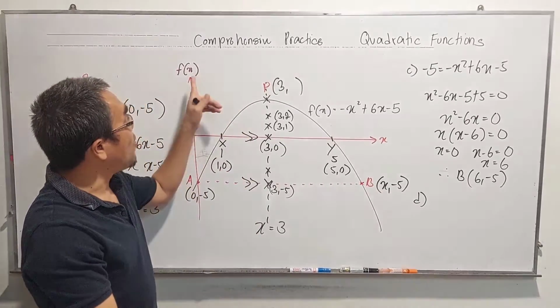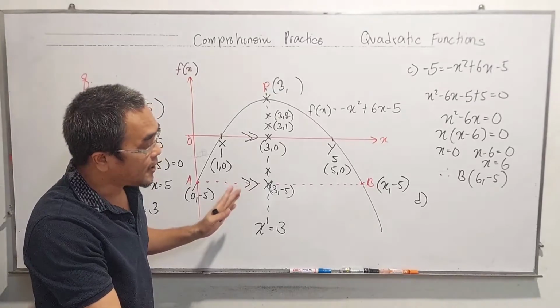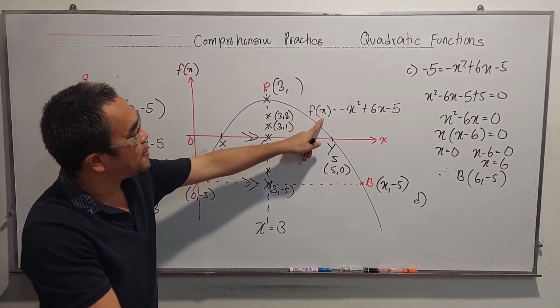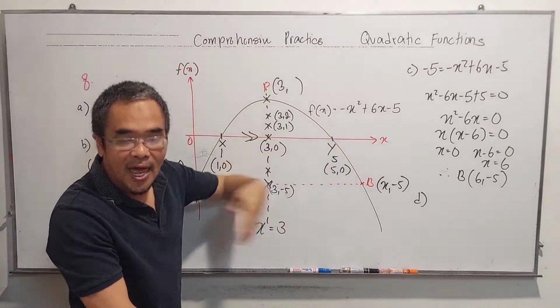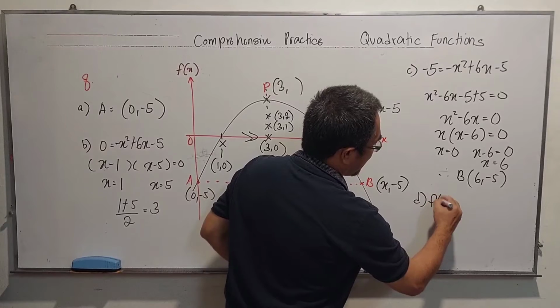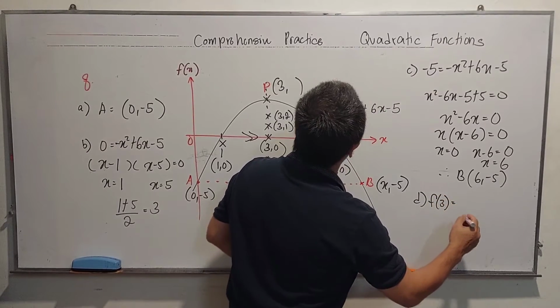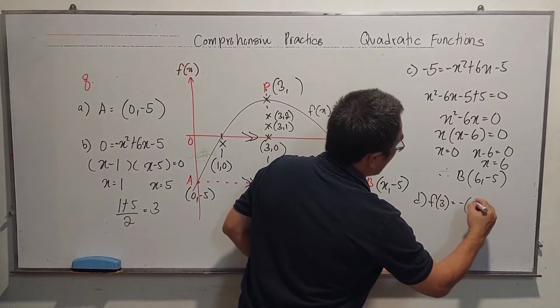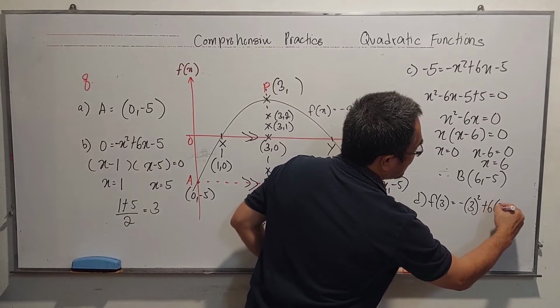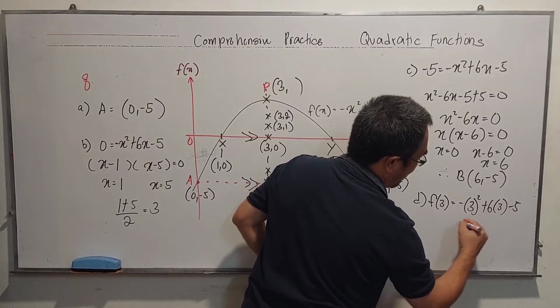It only changes for f(x) or the value of y. So as you can expect, I just replace x here with 3 and try to find what is f(x). So f(3) is equal to negative bracket 3 squared plus 6 times 3 minus 5.